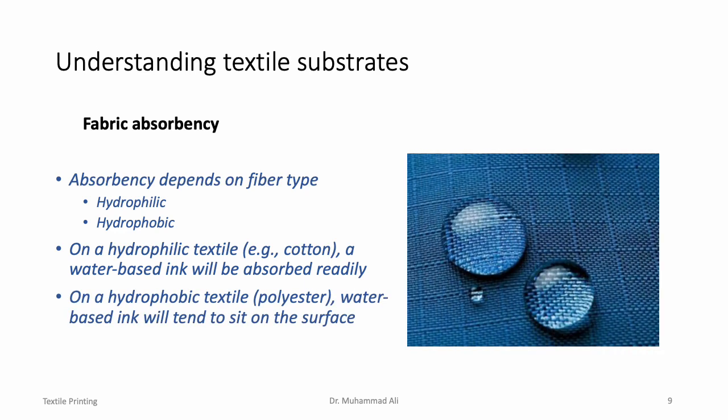In contrast, on a hydrophobic textile, let's say polyester or nylon, a water-based ink will tend to sit on the surface as shown here in the image. Now the image that I've used here is not that of an ink, it's actually water droplets sitting on the surface of the fabric, but you can relate this with ink as well. If the substrate is hydrophobic in nature and the ink is water-based, then it will tend to sit on the surface.